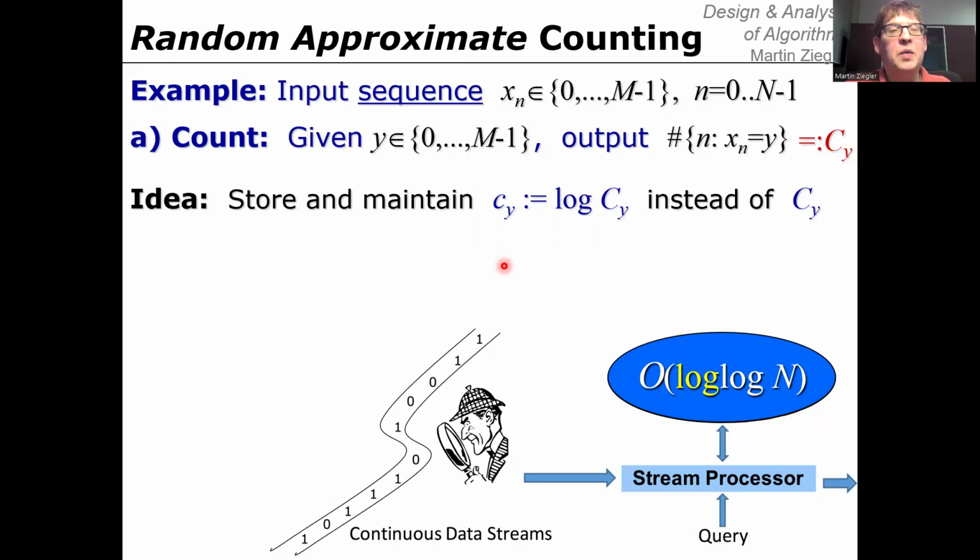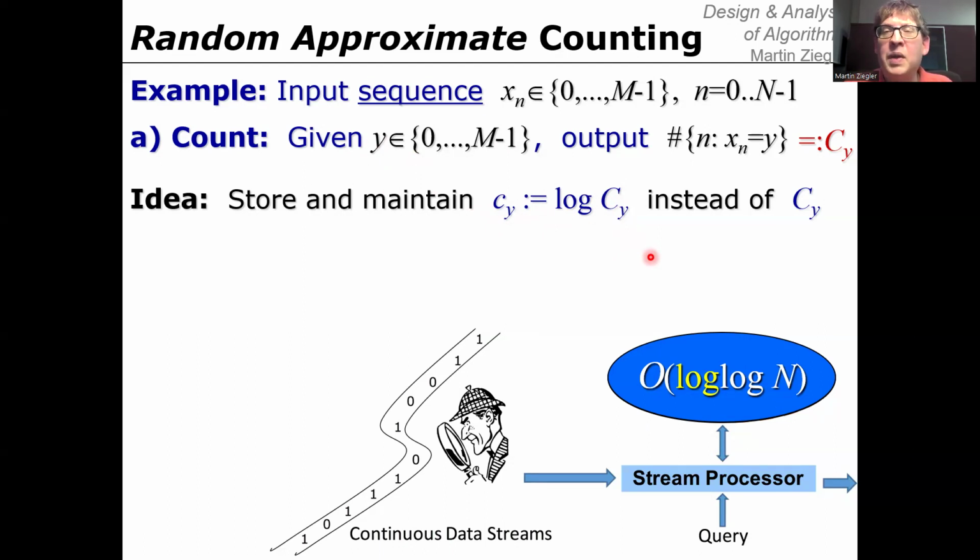So now imagine that we have in our algorithm stored the small cy as an approximation to capital Cy. And then we see the ys coming by. And when do we need to actually increment this small cy? Put differently, when do we need to proceed from the logarithm of capital Cy to 1 plus the logarithm of capital Cy? 1 plus the logarithm of capital Cy is the logarithm of twice capital Cy.